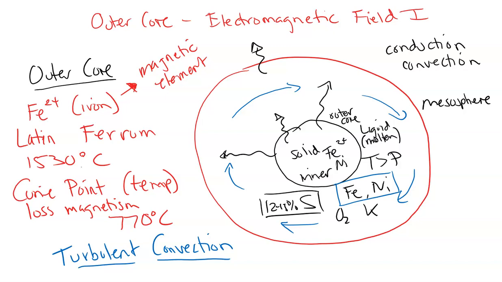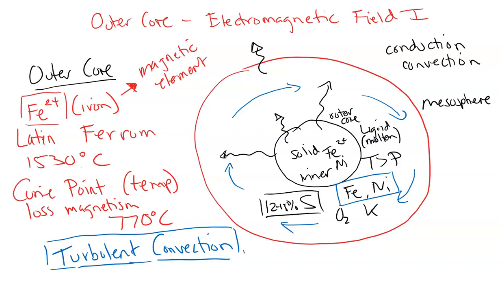So it's electrical current and magnetism. How does this element maintain its magnetic properties at the higher temperatures? Well, it comes back to this blue term right here, turbulent convection.